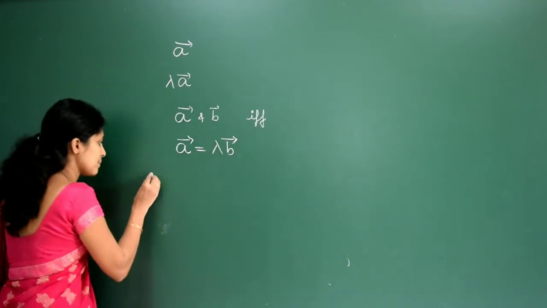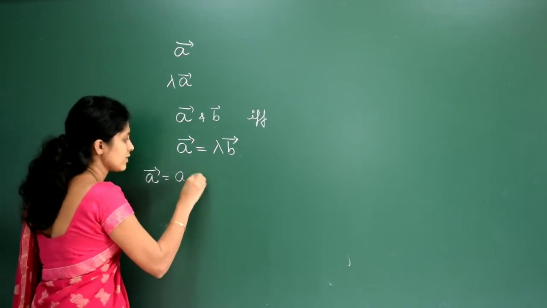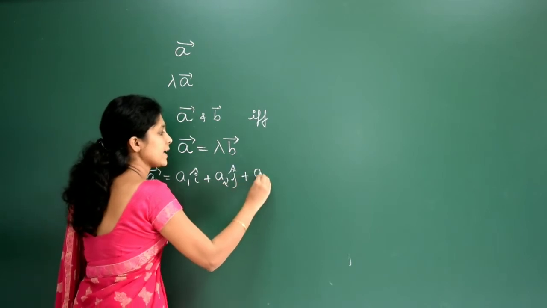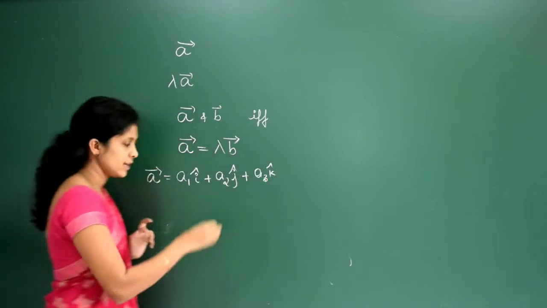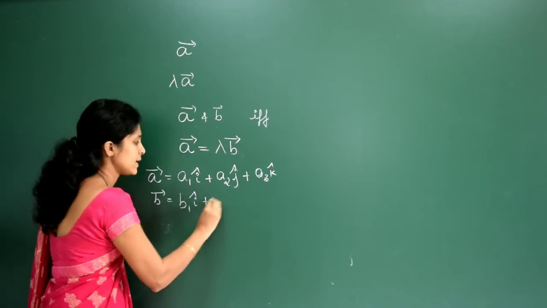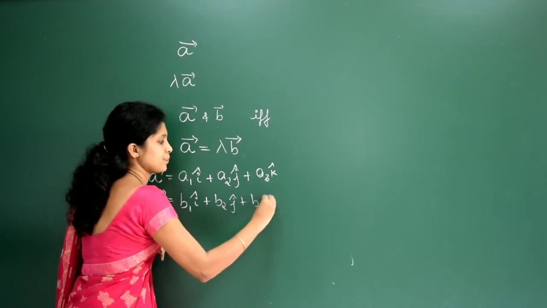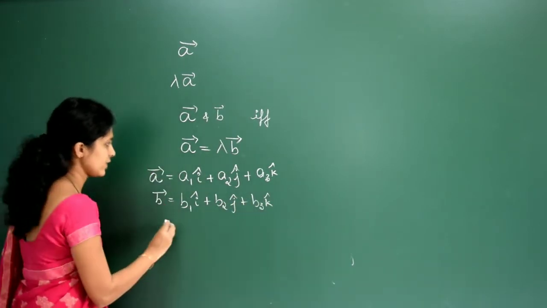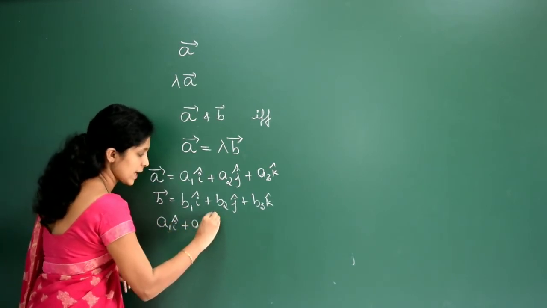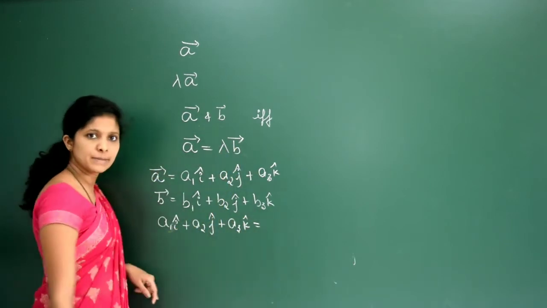If a vector is given in the component form, for example, a1 i cap plus a2 j cap plus a3 k cap, and b vector is given as b1 i cap plus b2 j cap plus b3 k cap, now let us substitute here. a1 i cap plus a2 j cap plus a3 k cap is equal to lambda multiplied with b vector.